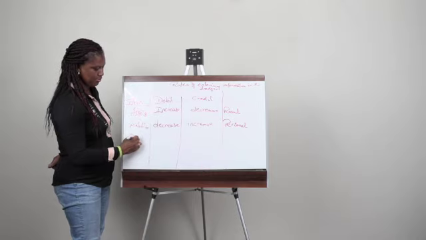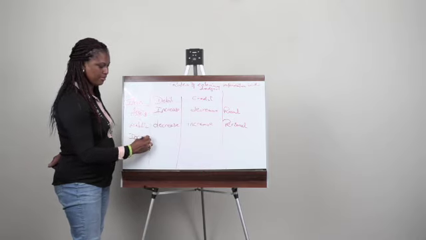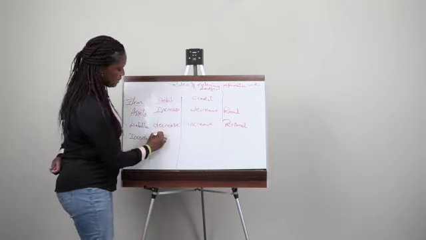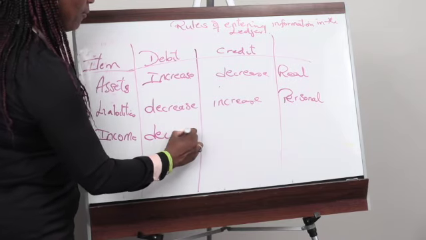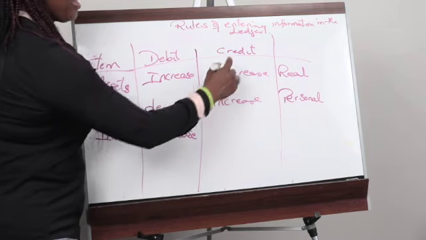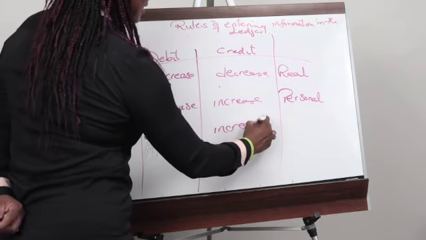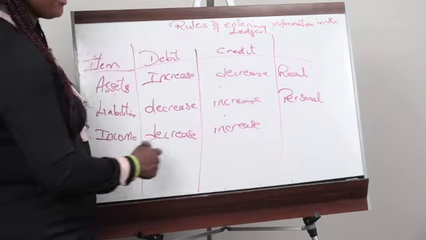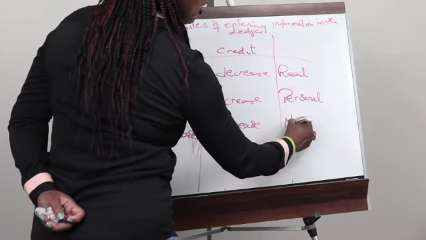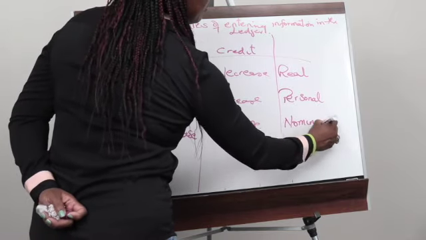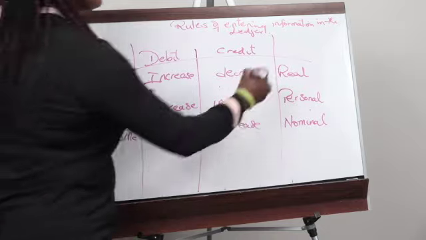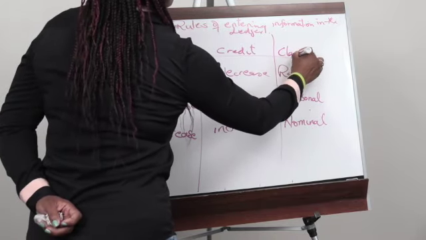Revenue or income. We say we decrease when we have a debit entry, and to increase it, we would credit. And income is a nominal account.